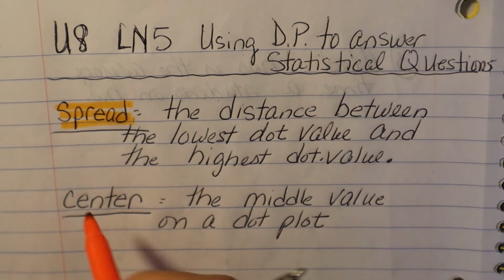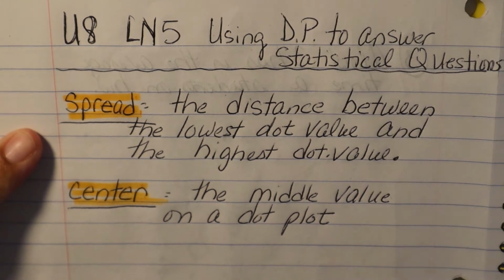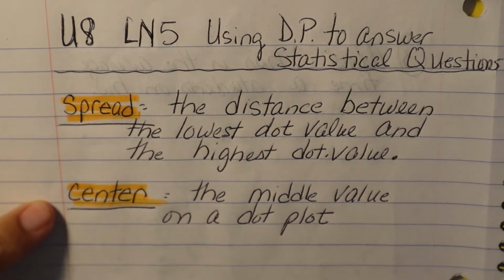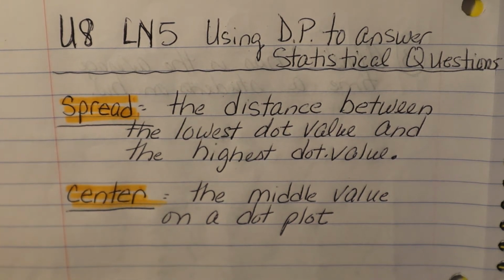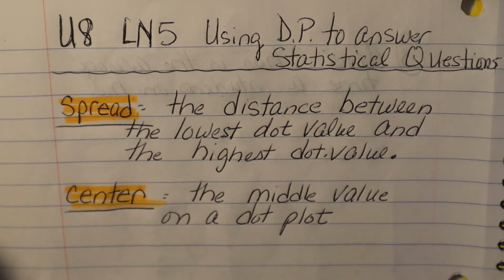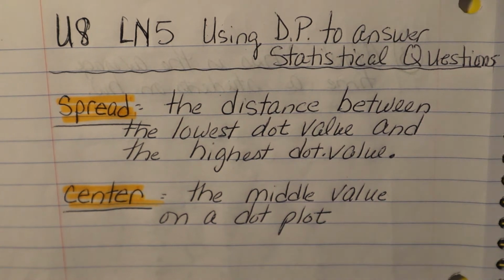So when we look at a dot plot, not only are we going to be figuring out the spread of a dot plot with the dots, we're going to be estimating the middle. Now for today's purposes, we're just estimating. We're not actually finding the actual center, okay? That would be the median. We are just simply going to find the estimated center. Okay, so let's go ahead and get started on today's lesson.